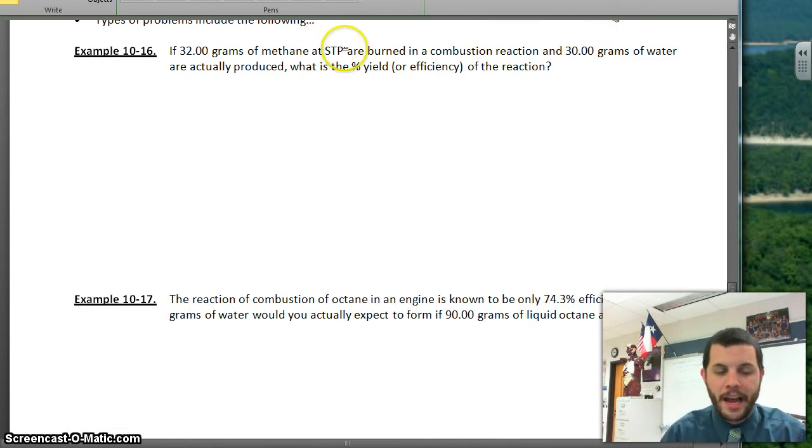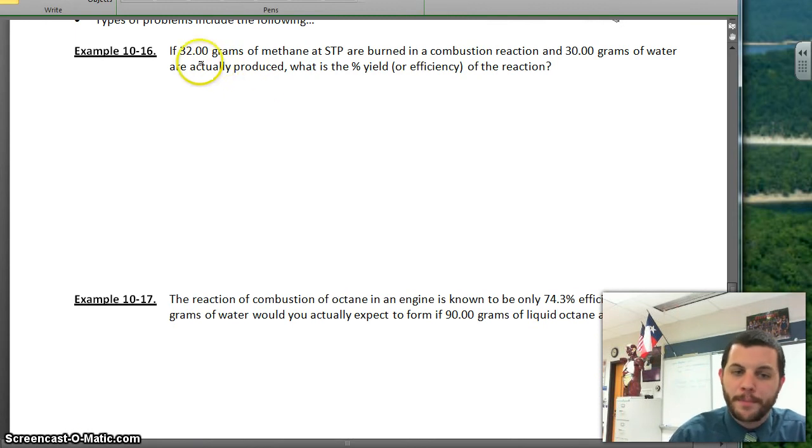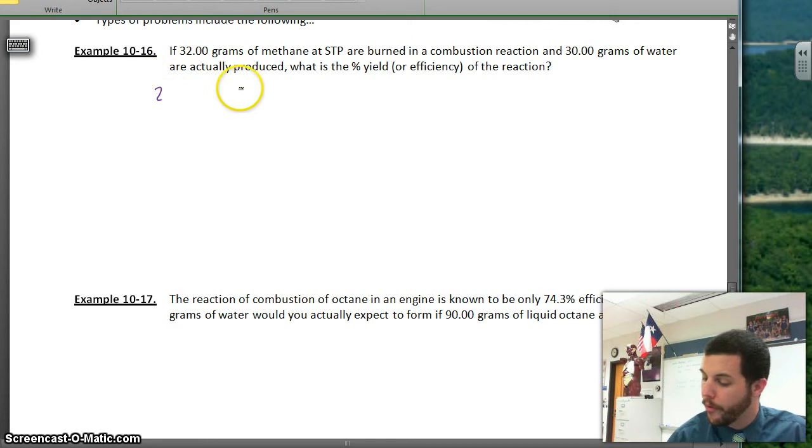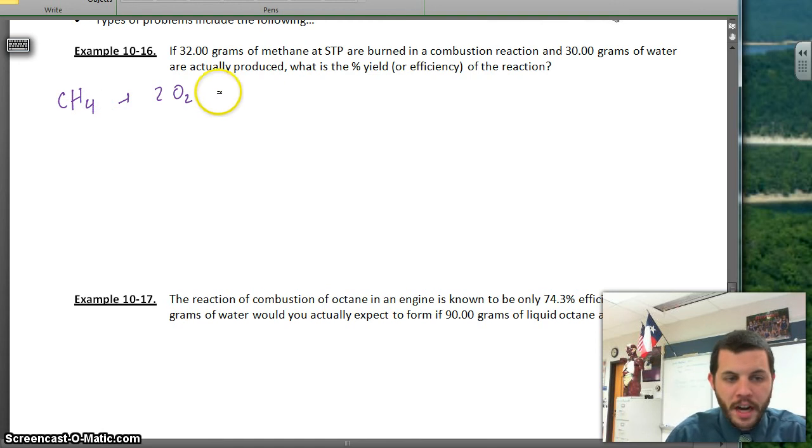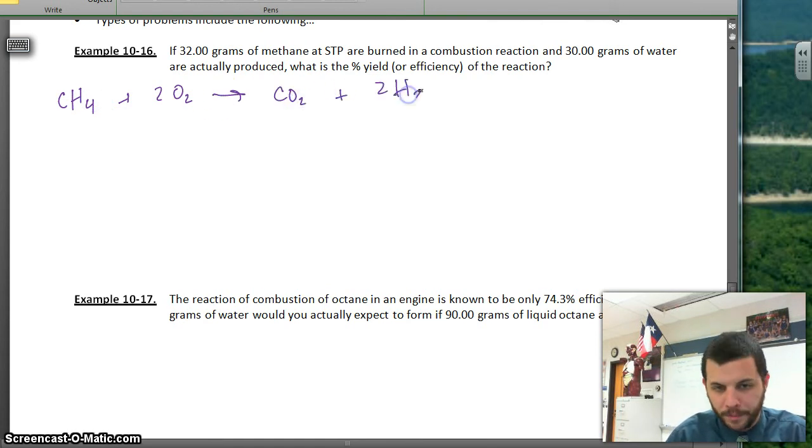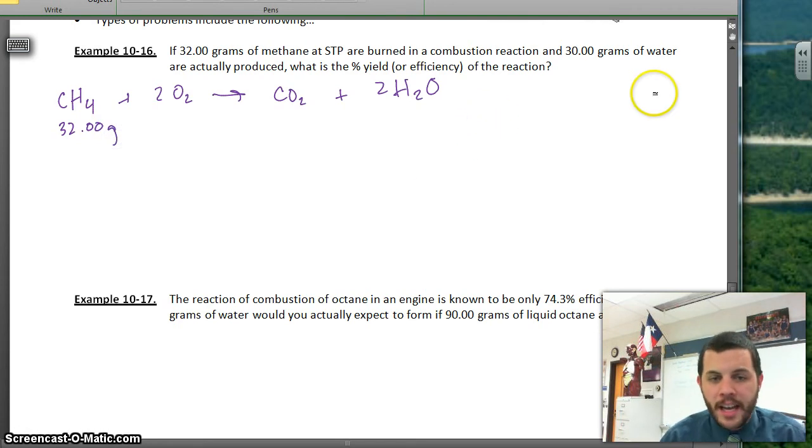I know that I've got 32 grams of methane that's burned in a combustion reaction. So methane plus oxygen yields CO2 plus H2O. Balanced already: CH4 + 2 O2 yields CO2 + 2 H2O. I'm starting off with 32 grams of methane. It tells us in our problem that we have 30 grams of water that are actually produced.